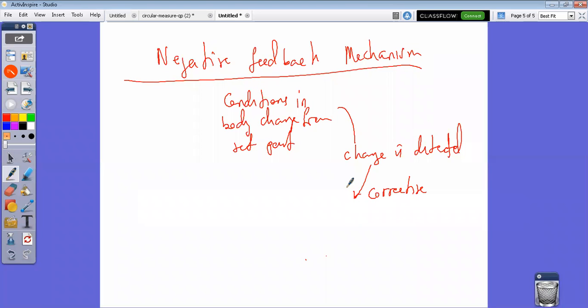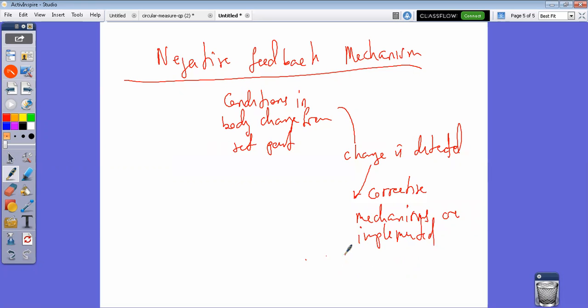Corrective mechanisms. So you can write what I said. Corrective mechanisms, don't wait for me, are implemented. Clear?